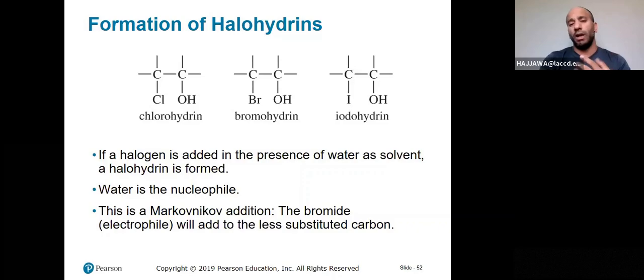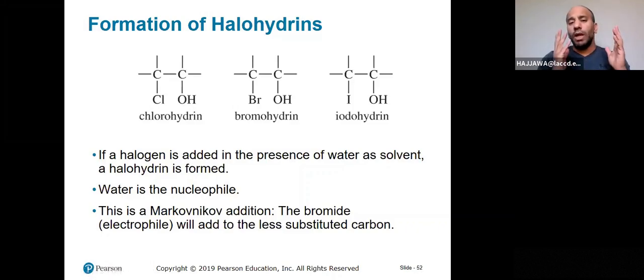What is that supposed to mean? Halohydrin means you have a halogen and a hydroxyl group. So chlorohydrin in the case of Cl2 and water, bromohydrin if you have Br2 and water, iodohydrin if you have I2 and water. The mechanism is very similar.